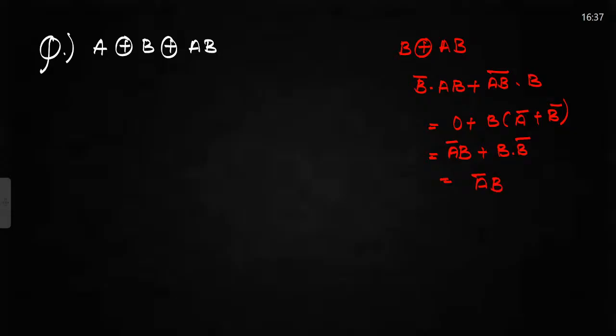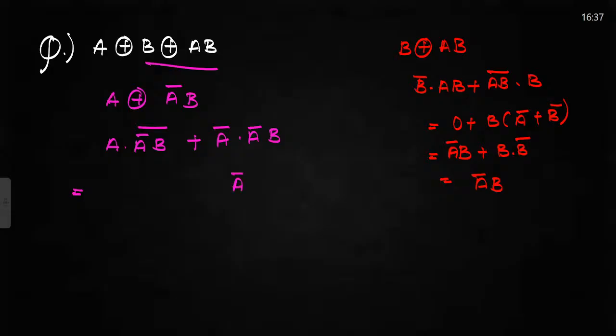So here A is remaining, and after solving this one you are getting A bar B. Now simply solve this one, that is A into (A bar B) whole bar plus A bar into A bar B. When you try to solve this, A bar into A bar is A bar, so you will get A bar.